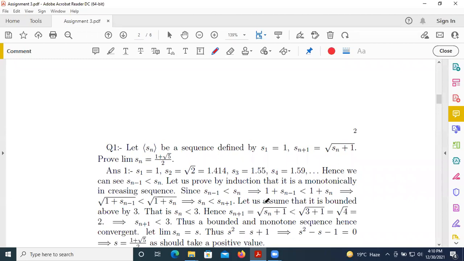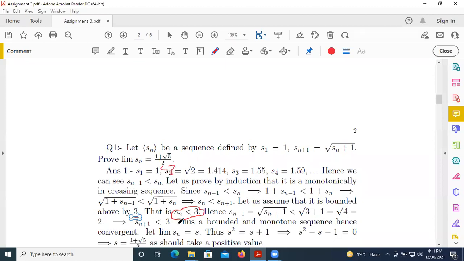Now for boundedness, let us assume that this given sequence is bounded by 3, that is Sn is less than 3. We also prove boundedness by the induction method, because we see that S1 is already less than 3.